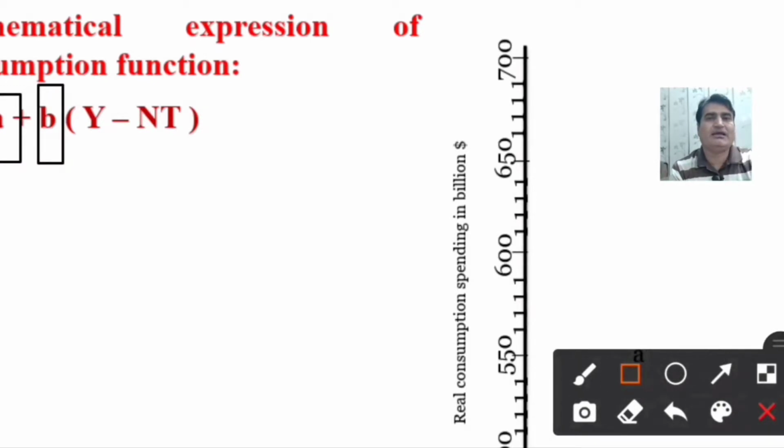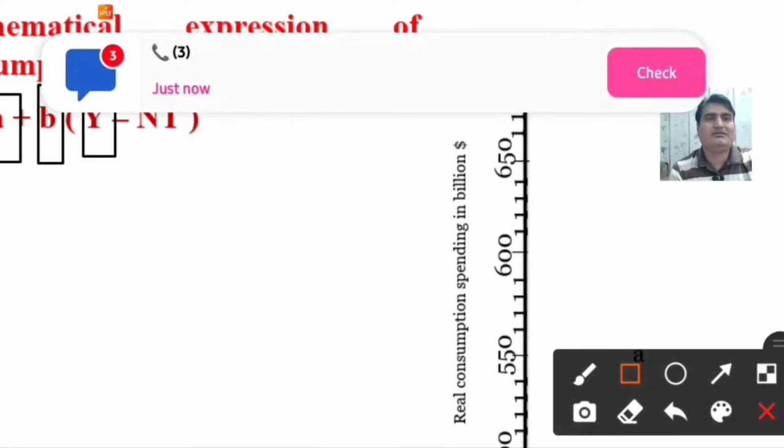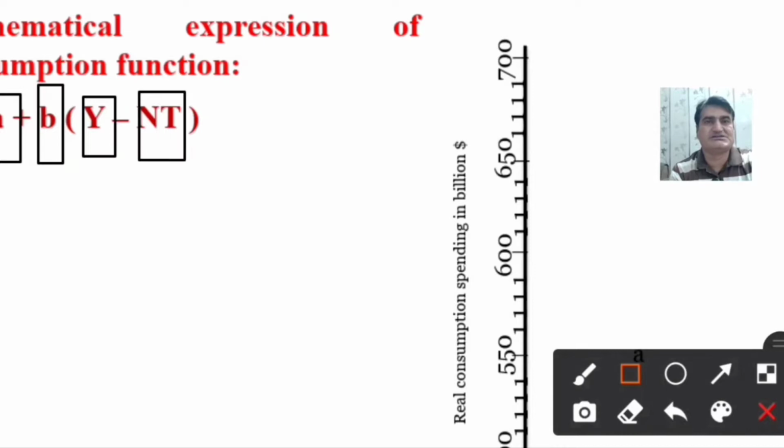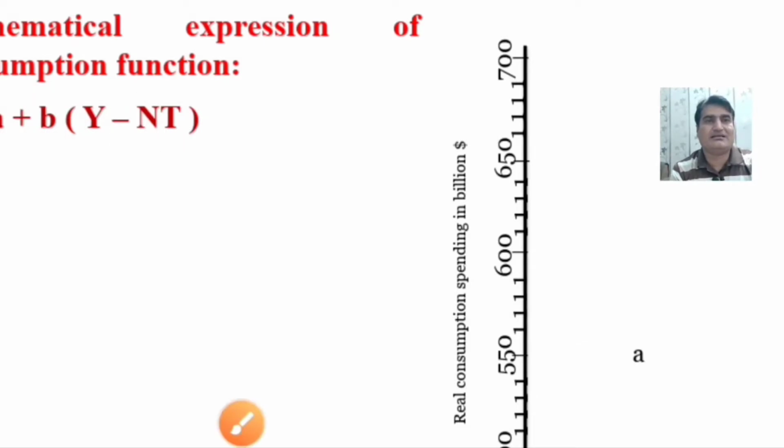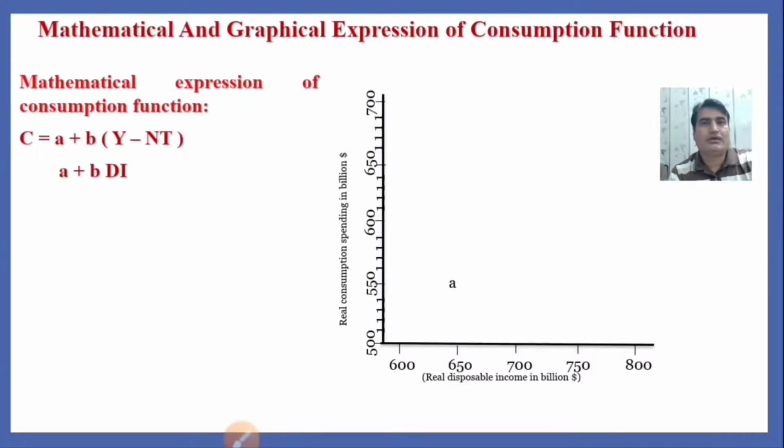Y means the income, and NT means taxes paid to the government. So A + β·DI, where DI means the disposable income.